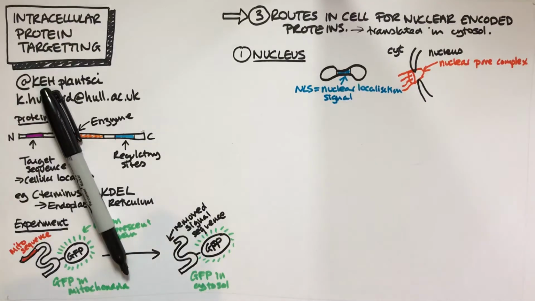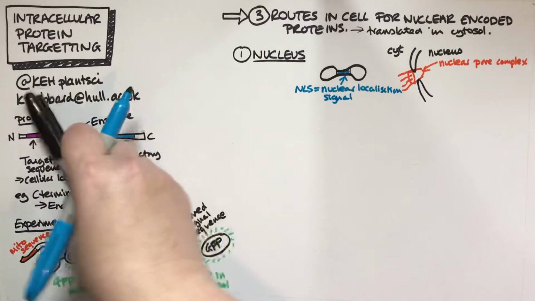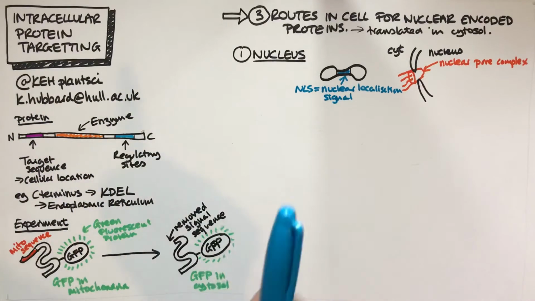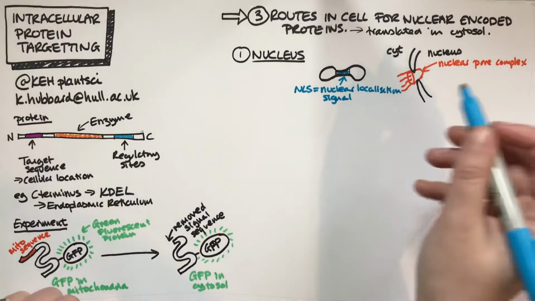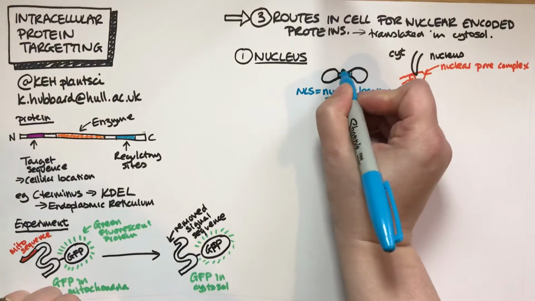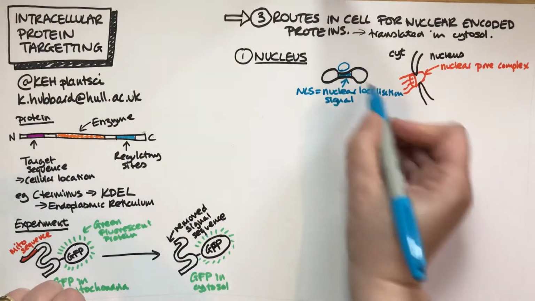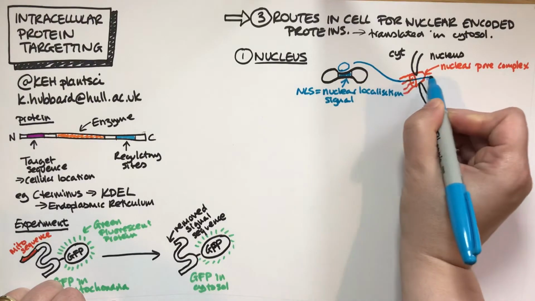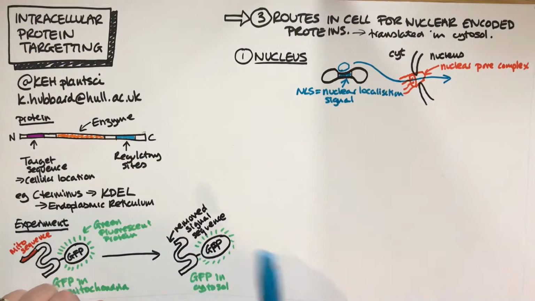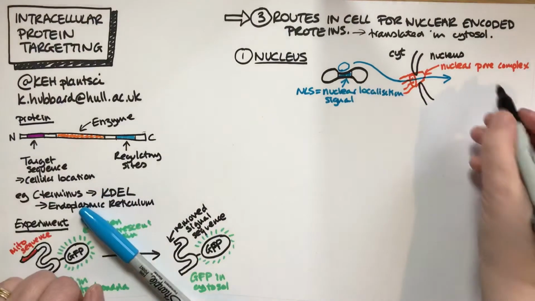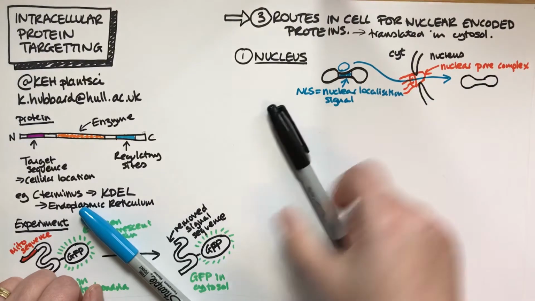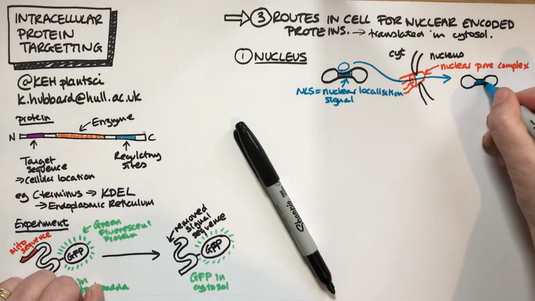And that can be anywhere in the protein. It can be at the N terminus, it can be at the C terminus, it doesn't matter where it is. Okay? But that nuclear localization signal, we have other proteins that are able to bind to it. And when those proteins bind, that's allowed to go through the nuclear pore complex and into the nucleus. So there's our protein, it's made it into the nucleus with its nuclear localization signal.